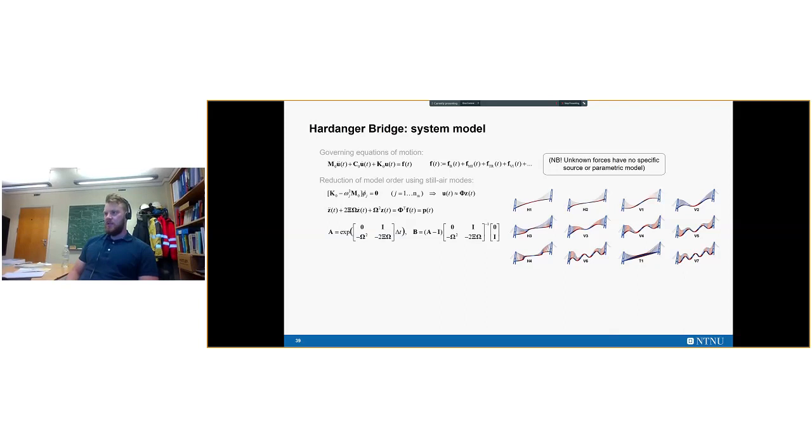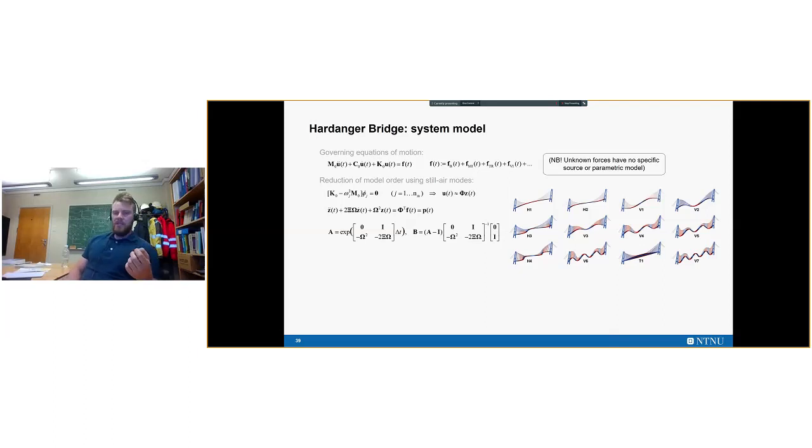This means that we consider the self-excited forces as an external force on the bridge, in addition to the buffeting forces, the forces from the traffic, and also, if we should have some vortex-induced vibrations, the forces due to this are also unknown and collected in the unknown force vector.